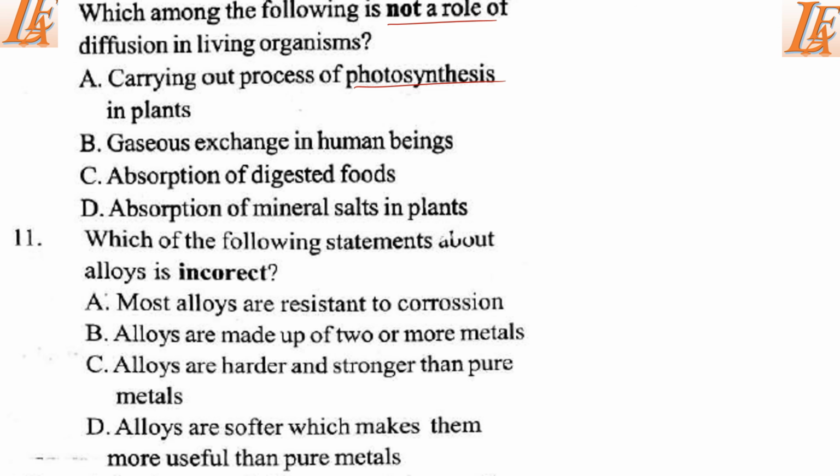This one is not a role of diffusion because photosynthesis is a process where green plants make their own food using simple materials like water, carbon dioxide, and sunlight. So diffusion does not take any role in that case. B, gaseous exchange in human beings. This one is a role of diffusion. C, absorption of digested food. This one is a role of diffusion. D, absorption of mineral salts in plants. This one is a role of diffusion. So the one which is not a role of diffusion is A, carrying out the process of photosynthesis in plants. Question 11.